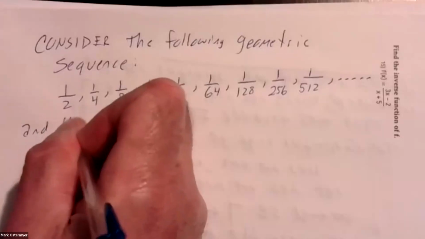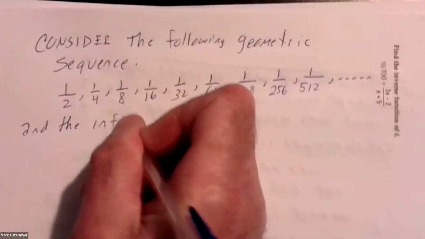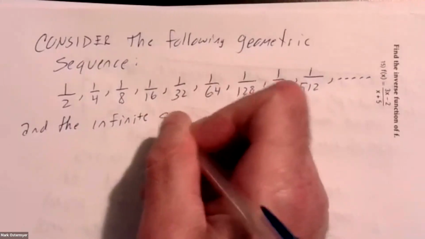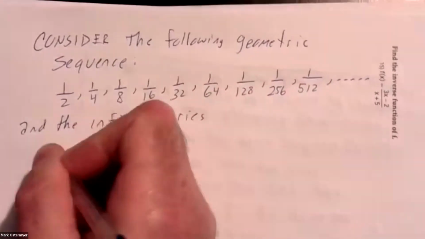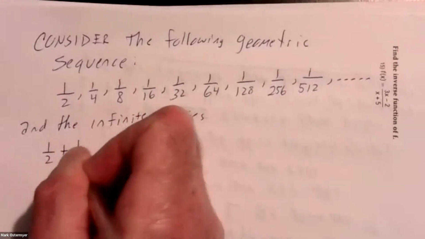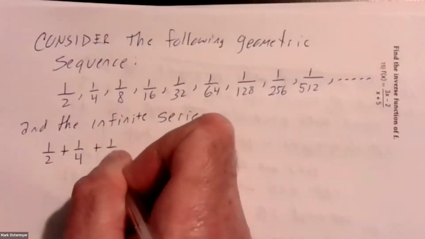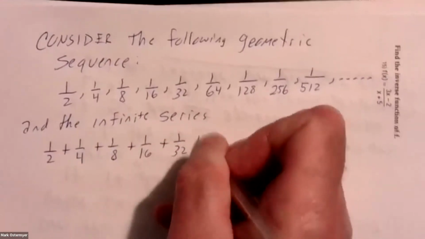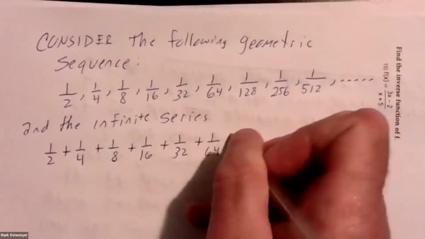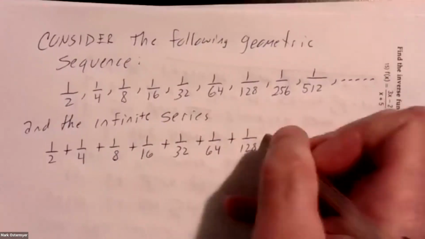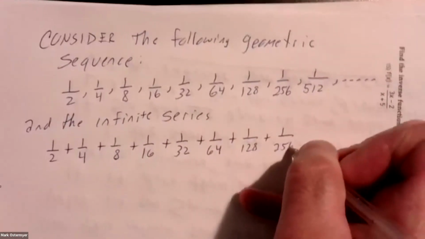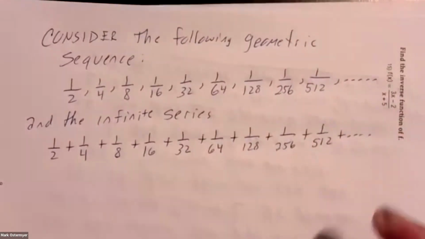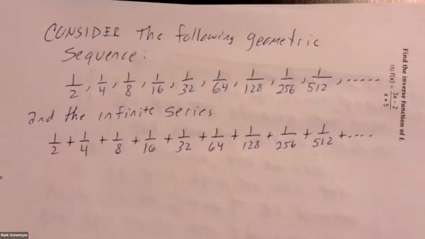And the associated infinite series: 1/2 plus 1/4 plus 1/8 plus 1/16 plus 1/32 plus 1/64 plus 1/128 plus 1/256 plus 1/512 plus on and on and on. So this is called an infinite series.